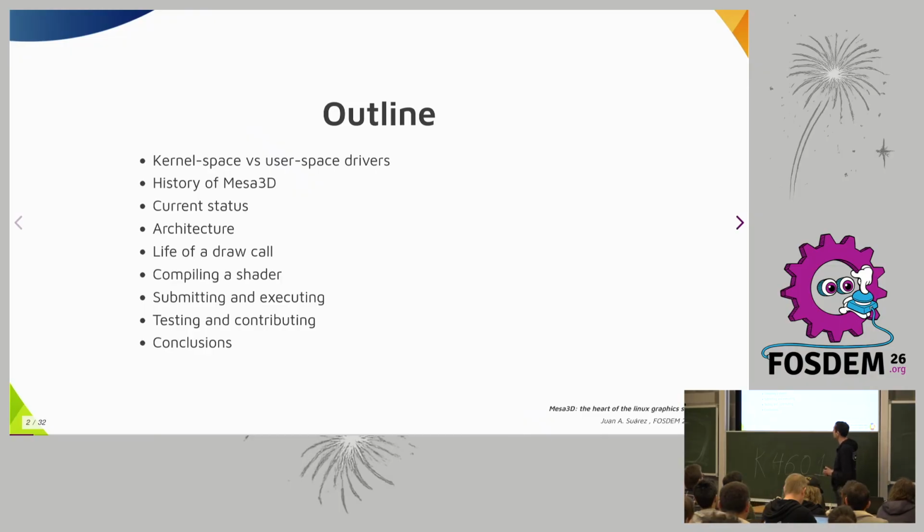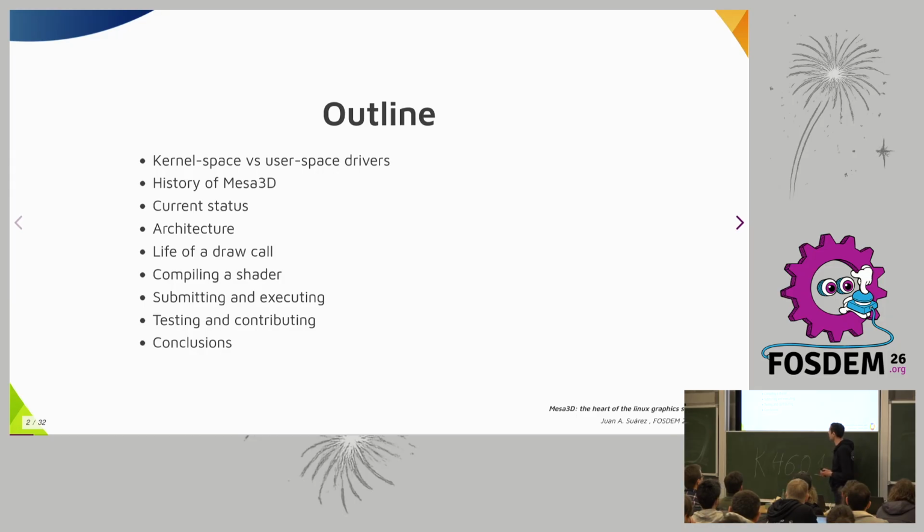So this is more or less the outline of the talk. We will start by explaining the difference between user space and kernel space drivers, which is required to understand Mesa. Then a bit of history, so we understand why Mesa is the way it is nowadays.